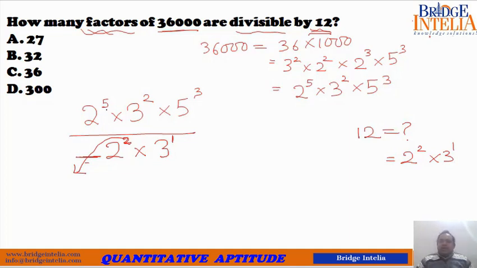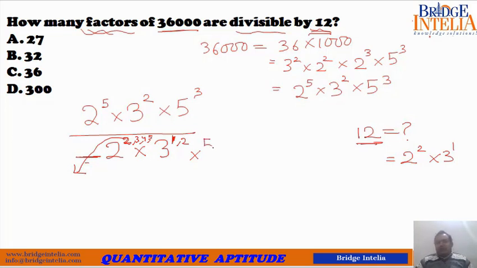What about the upper limit? The upper limit is still open. The power cannot be less than 2, but it can be more than 2. So it can be 2, 3, 4, up till 5. Power of 3, lower limit is 1. That means the power of 3 cannot be less than this, but it can be more. The other possibility is you can use 2 as well. What about powers of 5? No condition is applied on powers of 5, because we are interested in creating 12, and 12 is created by 2 and 3, not by 5.